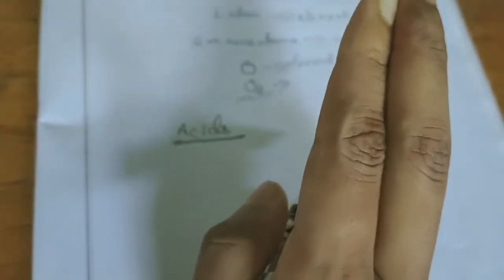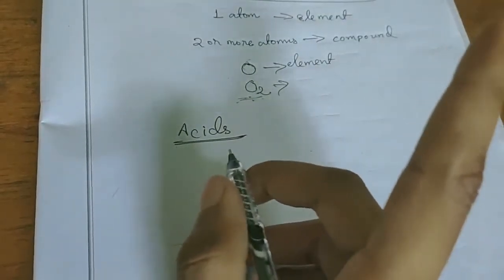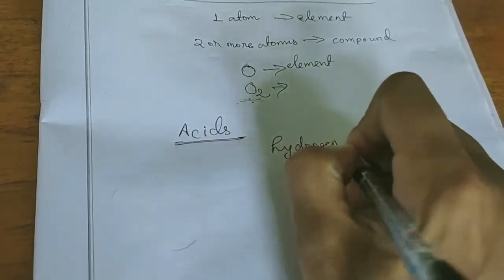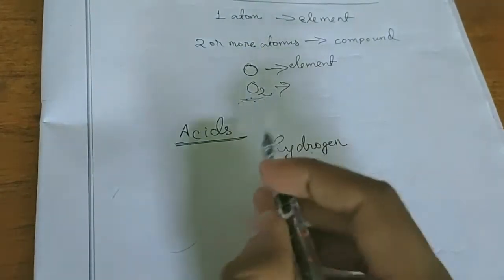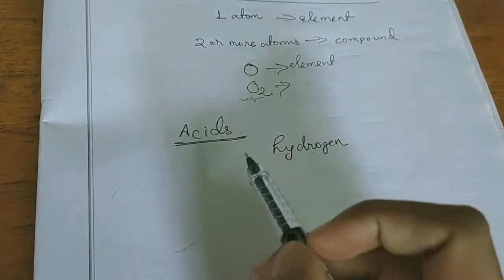Now in acid, one atom is always present, which is hydrogen. So whenever an acid is formed, the hydrogen must be there, otherwise it will not be an acid.